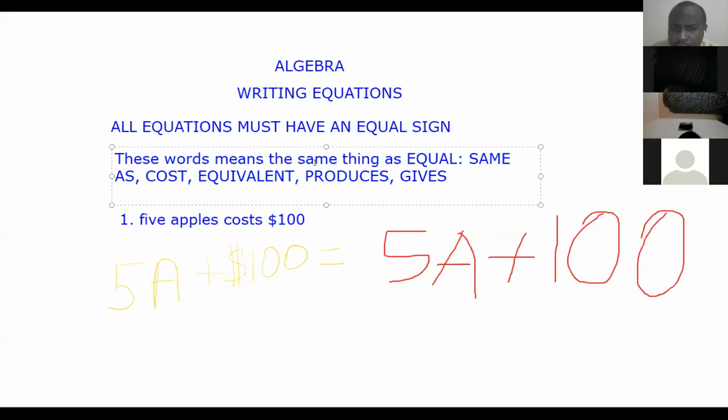Okay, so if this statement says 5 apples cost $100, what does the word cost mean to you? So it should be 5A equal 100, right? Okay, good. So put in your equal sign. Dejan, correct your answer.